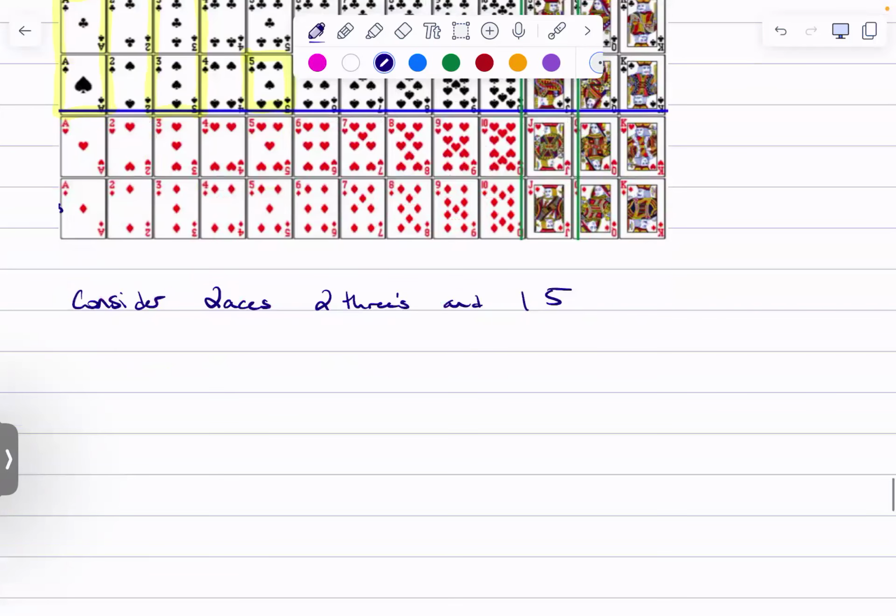Which means that if I have the probability of 2 aces and 2 3s and 1 5, I should use words, shouldn't I?